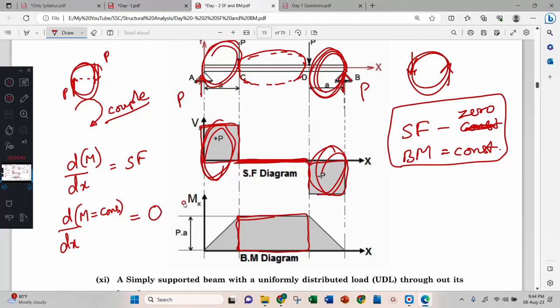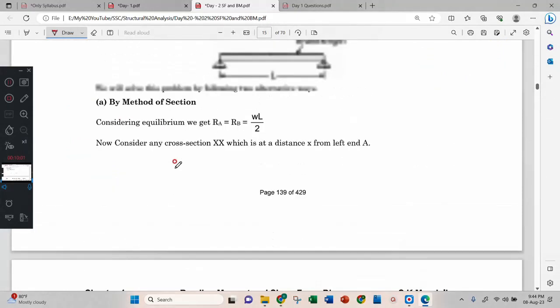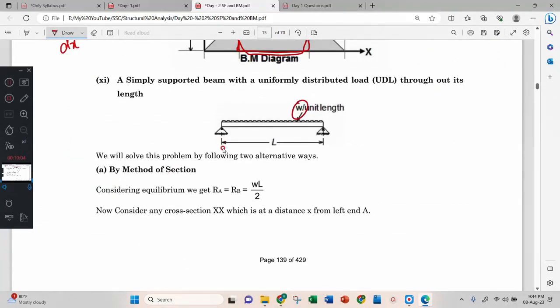Correct? Differentiation of a constant is 0. Means when bending moment is constant, then shear force is 0. That is here. Bending moment is constant, shear force is 0. Correct?